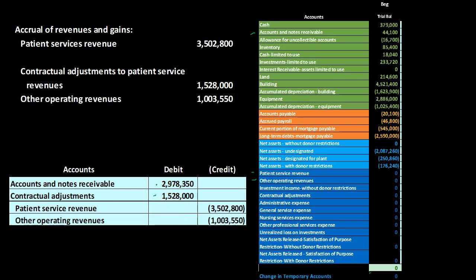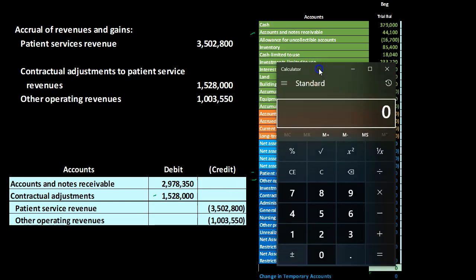So the accounts receivable we can think of then as going up by the 350 to 800 plus the 300 increased by those two, but then it's going down by this amount, the contract adjustment minus the 1528000. That's giving us the debit of the 2,978,350. So you might want to think of these as three separate transactions. We're grouping these transactions together here in our one total transaction.